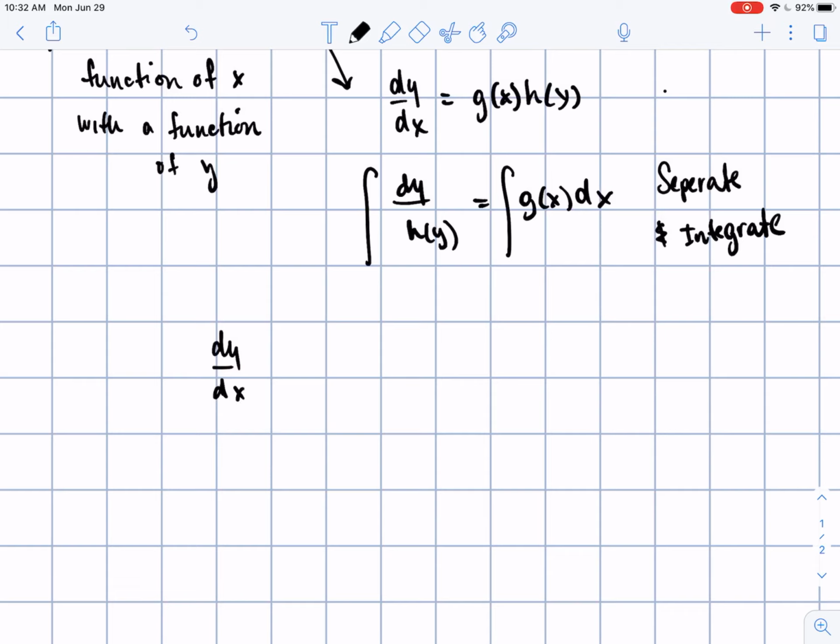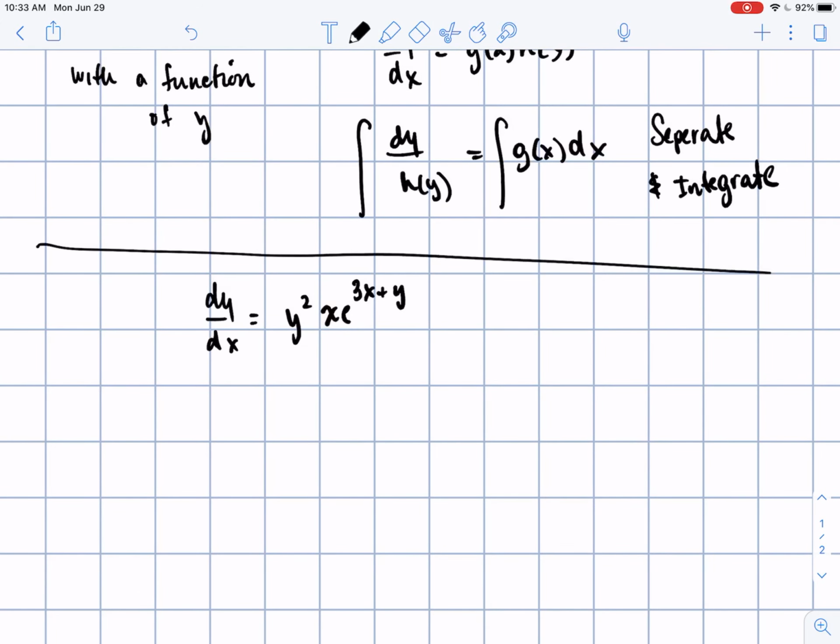All right, so let me show you an example. This is a little bit tricky and involves going over some exponential rules. Say you have this equation here, and you want to know, is this separable?